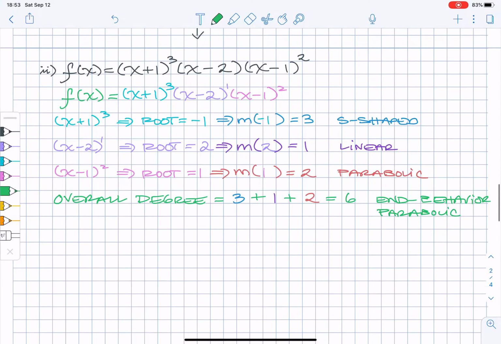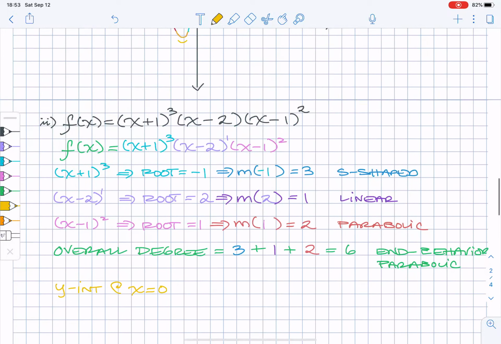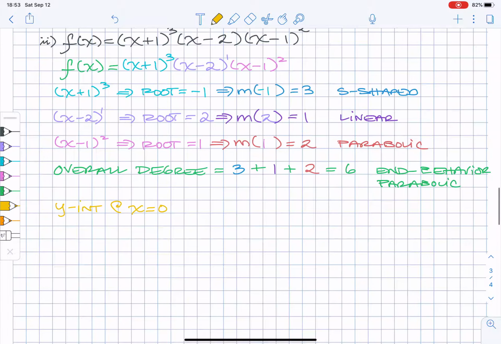Okay, so now the intercepts will be different. Let's consider the y-intercept at x equals 0. So if x is 0 in this function, what do we get?